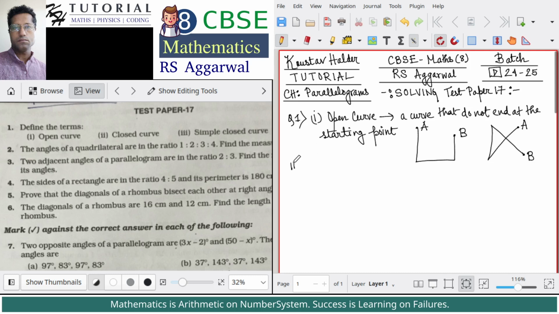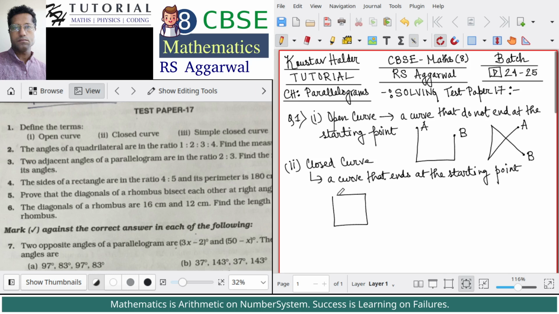Now, what is a closed curve? A closed curve is a curve that ends at the starting point. That is, when we draw a curve, if the starting point and the end point are the same, then it is a closed curve. For example, this is a closed curve.